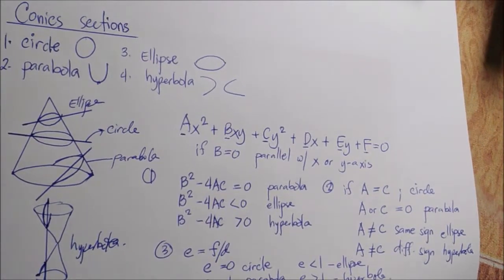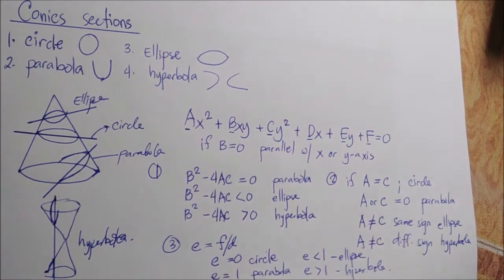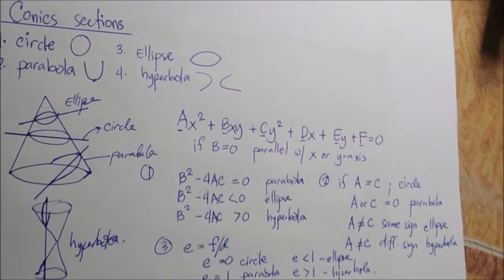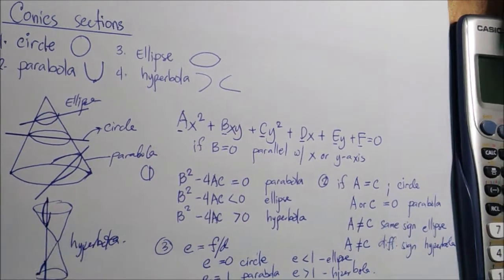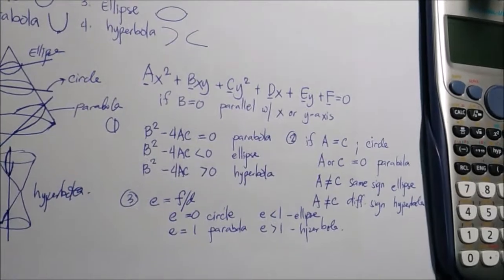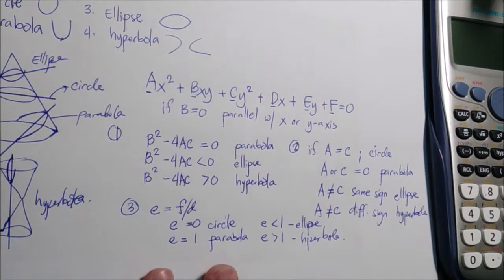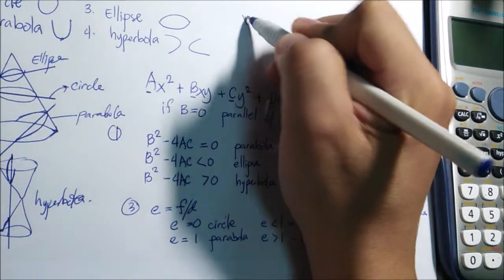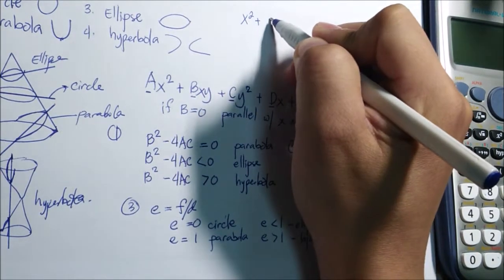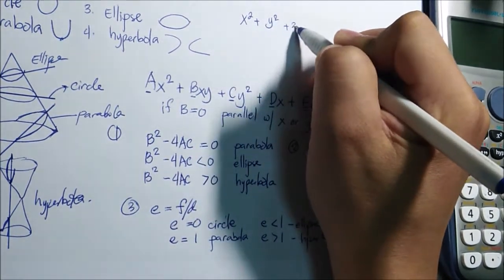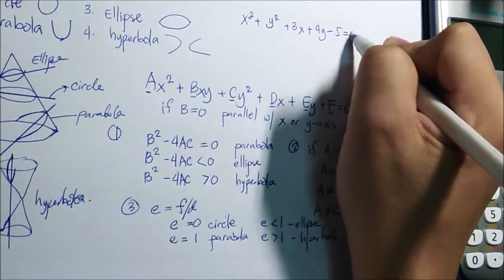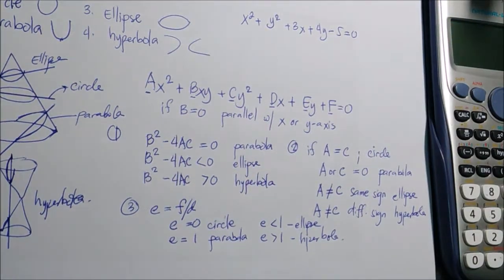So this is about conic sections. For example, if we have x squared plus y squared plus 3x plus 4y minus 5 equal to 0, this equation is a circle.